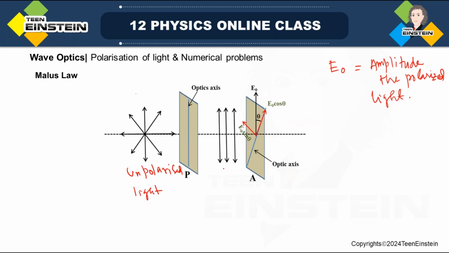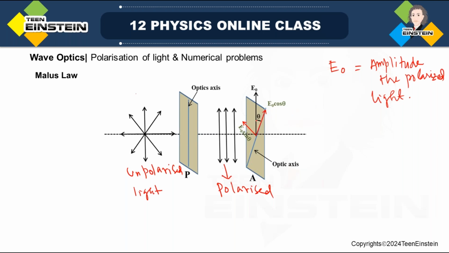This is the polarized light, passing through the polarizer. And this is the analyzer. Let us say the analyzer has its path axis, which means optic axis, making an angle theta with the path axis of the polarizer. The red line is the direction of the path axis of the analyzer.